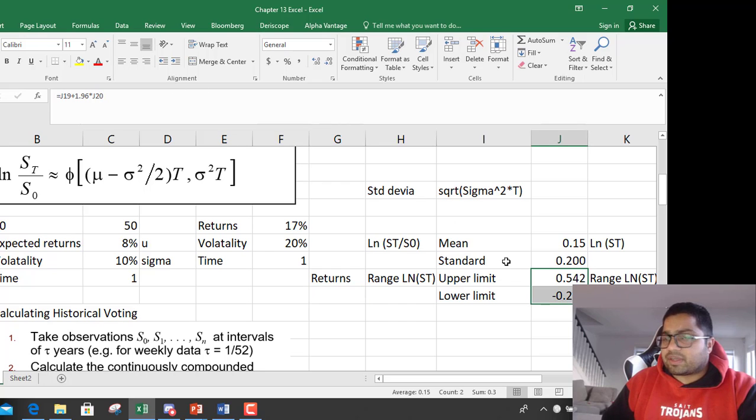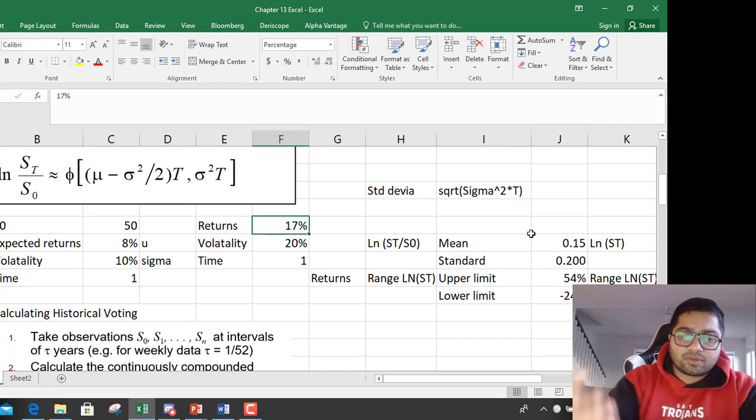Because it is in percentage, you don't have to take an exponential of that. So limit will be minus 24% to 54%. If you see it in percentage, the stock should return between minus 24% and 54%. This would be the limit of stock. The returns in this coming year would range between minus 24% to 54%.